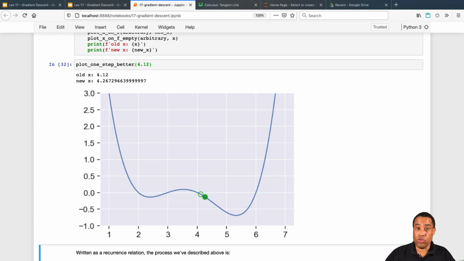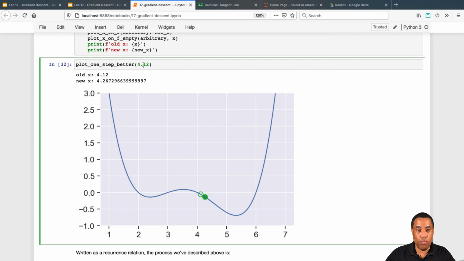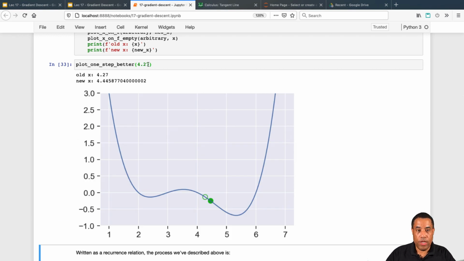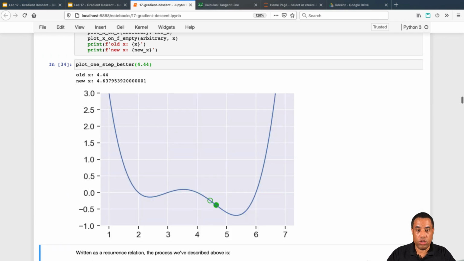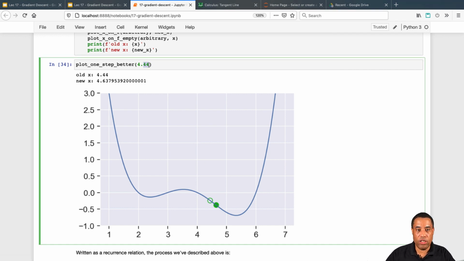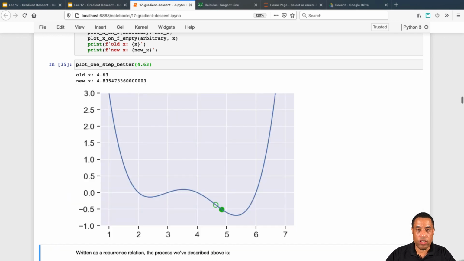Next, 4.27. And then our next step after that will be 4.44. So you can see we're inching to the right, following the gradient down, but we're not taking giant steps, so we're avoiding overshooting. So our next value is going to be 4.63.